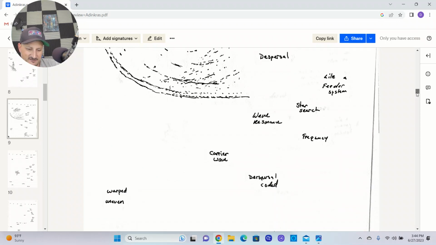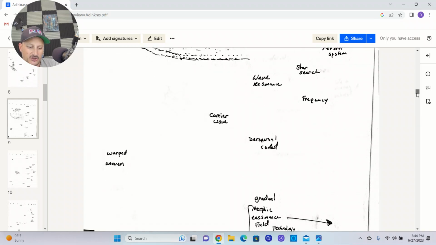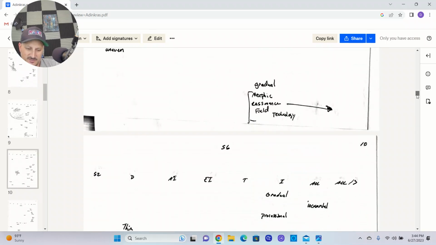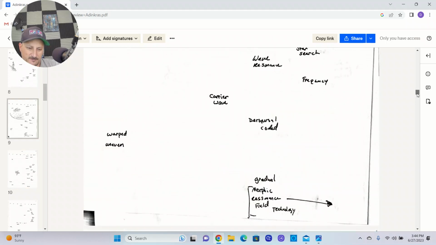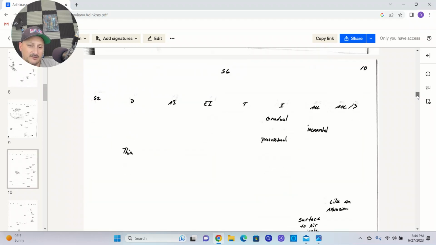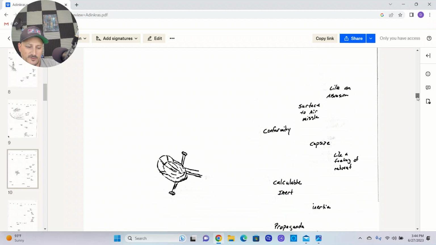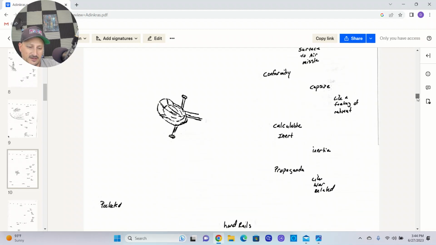I get this sense of a carrier wave, dispersal, coded, warped and uneven. This feels gradual. And then I got this morphic resonance field technology. I didn't know where to put that, so I put it in signal. Gradual, processional. This idea of conformity. Calculable and inert.